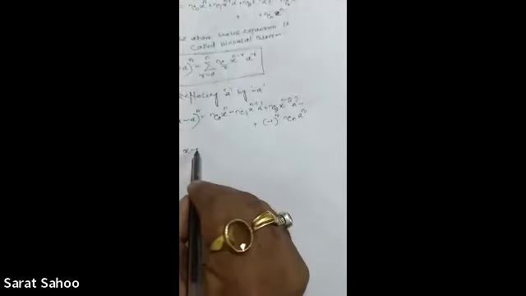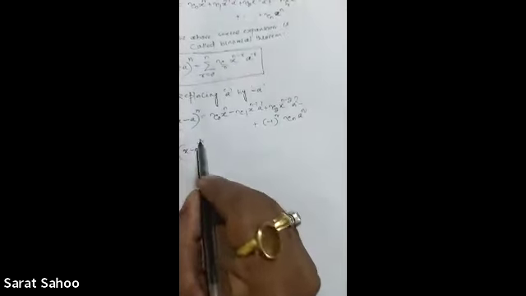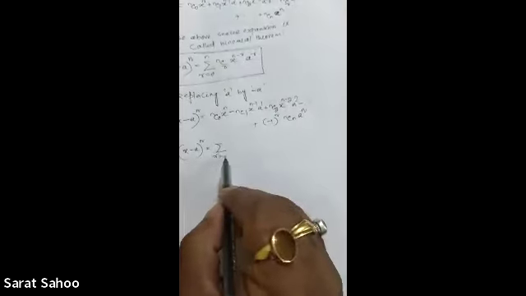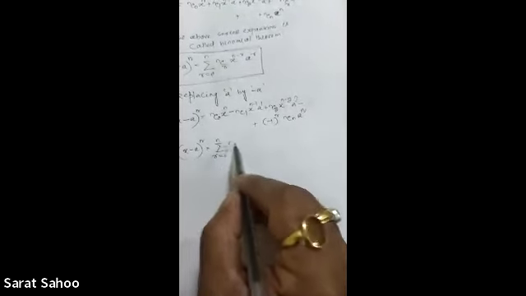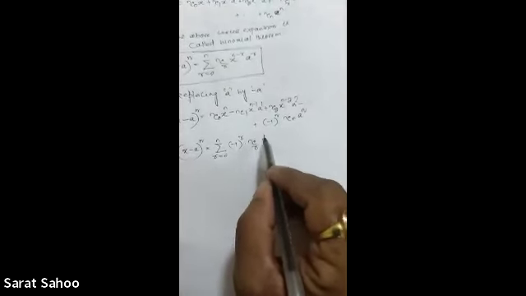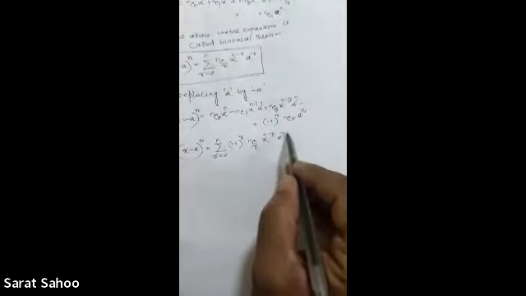So in summation form, we can write (x minus a) raised to the power n equals sigma r equals 0 to n, minus 1 raised to the power r nCr x to the power n minus r a to the power r.